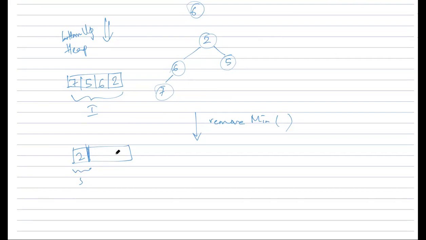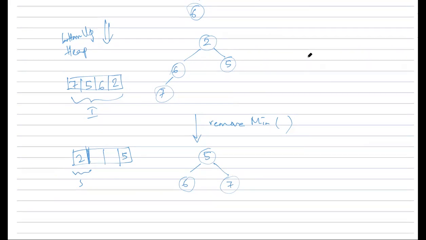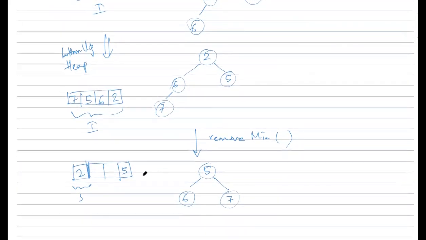And then after the remove min, you have 5, 6, and 7, maintaining the heap order property. So we are again maintaining the heap backward. So 5, 6, and 7. This is your unsorted list.